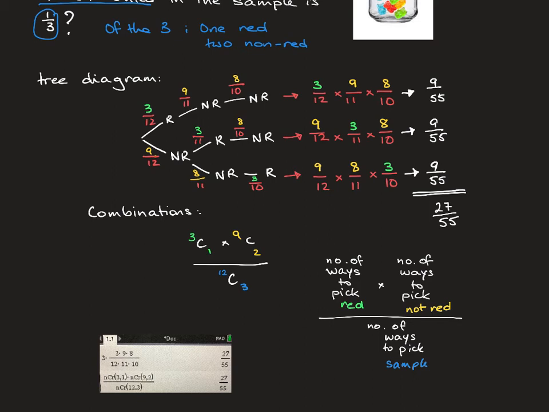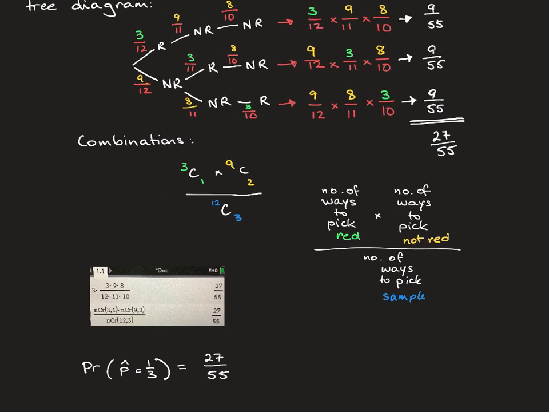If you've got your CAS calculator, this is a much quicker way than doing this, unless you recognise the 3, the 9 and the 8 and the decreasing denominator. So our final answer is that the probability that the sample proportion is equal to a third is 27 on 55.